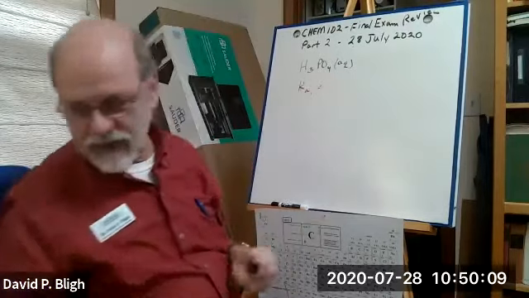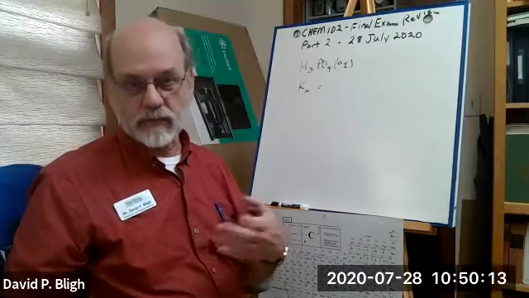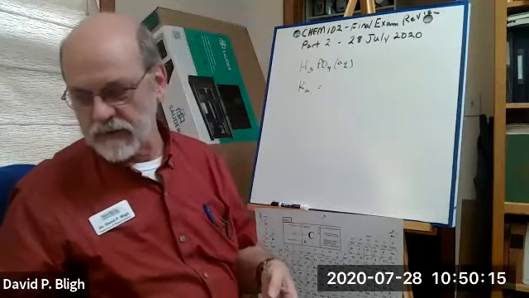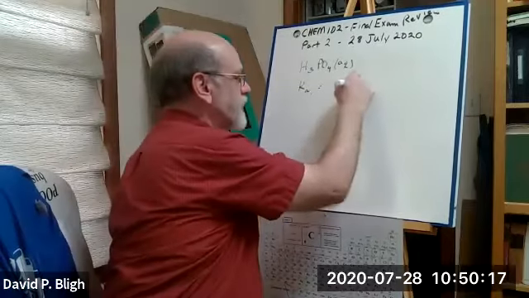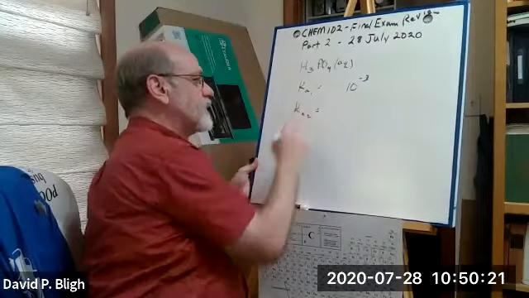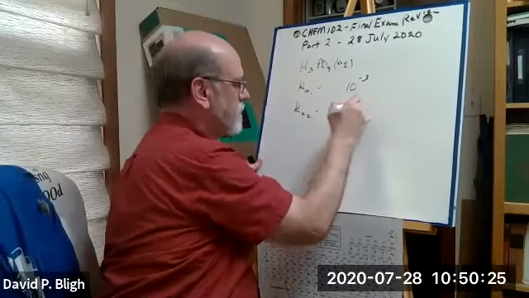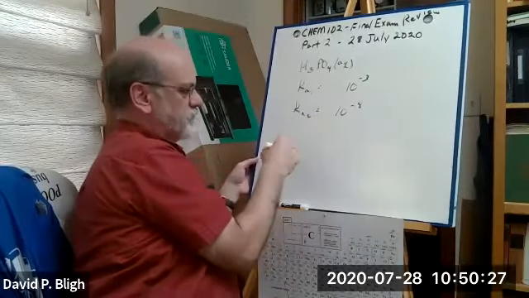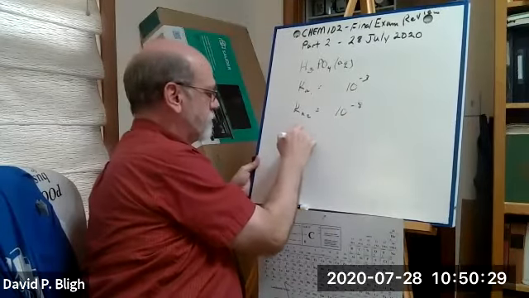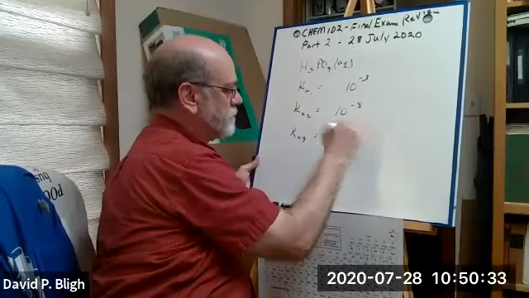with a K value of, I'm just going to use the powers of 10 because that will solve the problem for us. 10 to the minus 3. The second proton comes off 10 to the minus 8, I believe. We did these in lecture. And this is 10 to the minus 13.